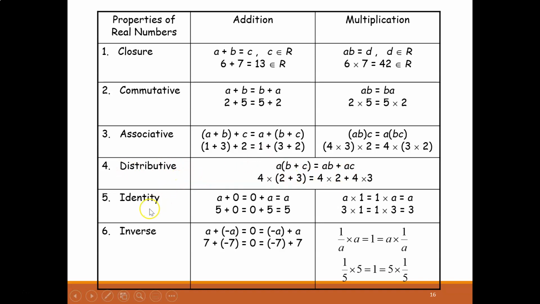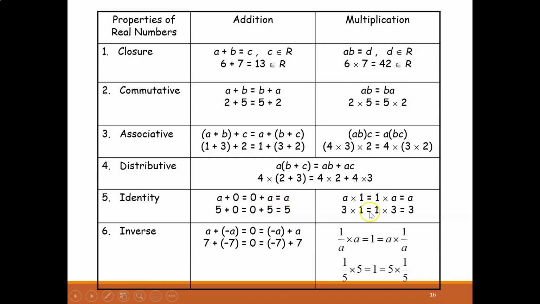Okay, that is distributive. And then the fifth property is identity. So identity means when you have A plus 0, it is also equal to 0 plus A, also equal to A. Maksudnya bila you any number you tambahkan dengan 0, you will still get that number also. That one is identity. That one is for addition.